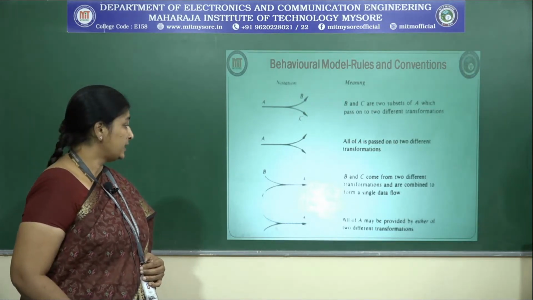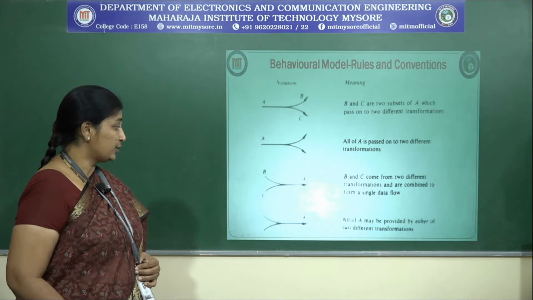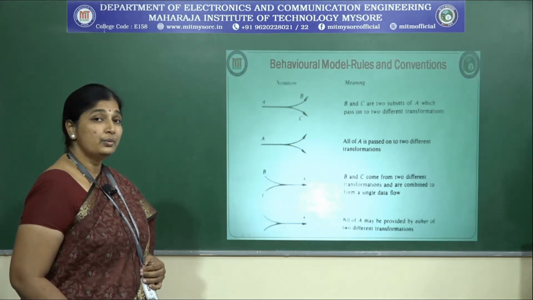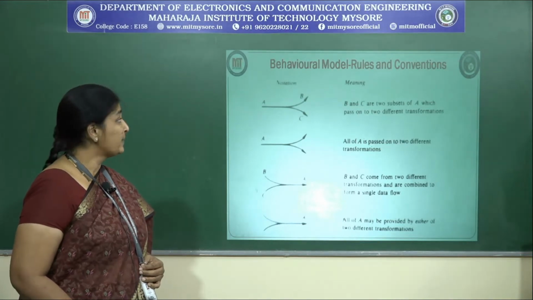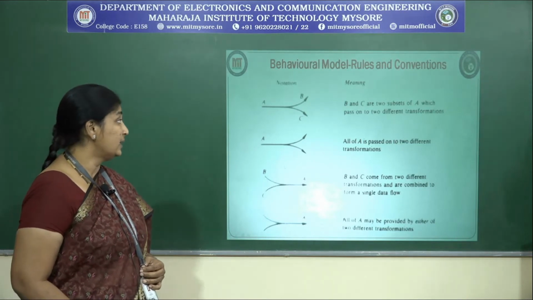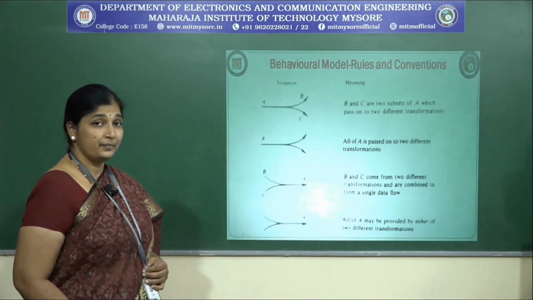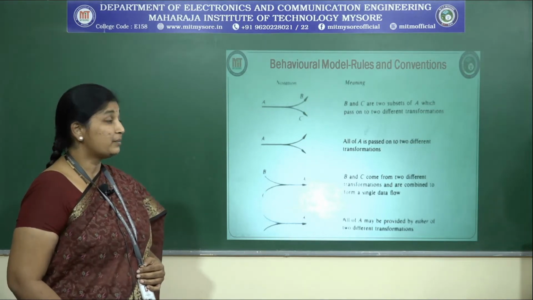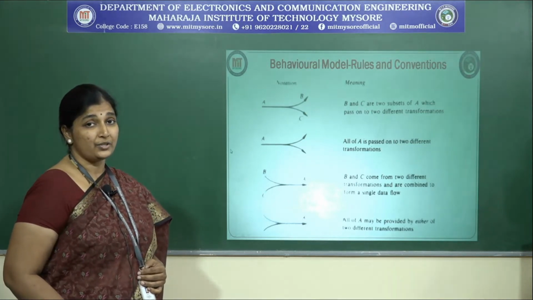Then the last: whatever you obtain at A as an input is got from the outputs of two different transformations. So these are the notations: the arrowheads, the lines, and the arc, and these are the meanings with respect to those notations, fine?